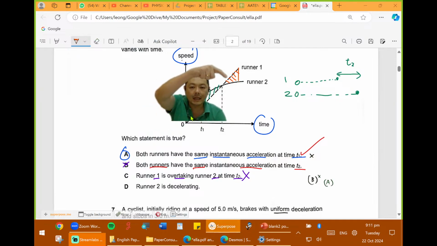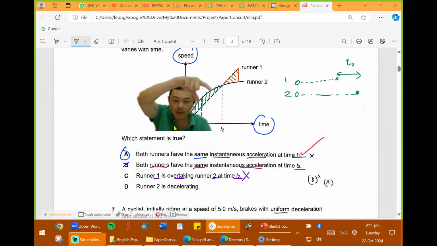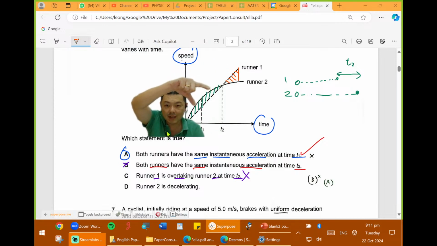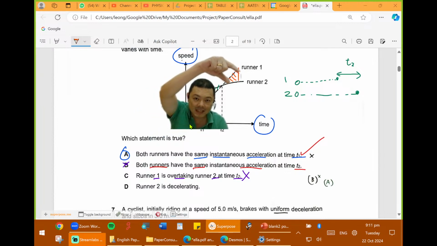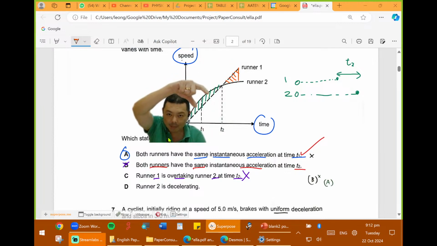That will be the distance that runner 1 is able to run more than runner 2. But this area must make up for this green area. You understand? This is runner 2's distance ahead. Runner 1 must cover that distance, must close this gap.